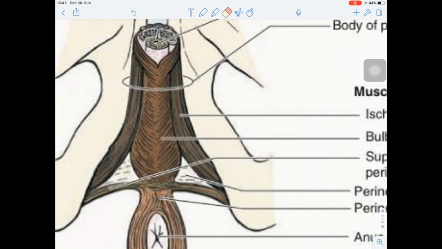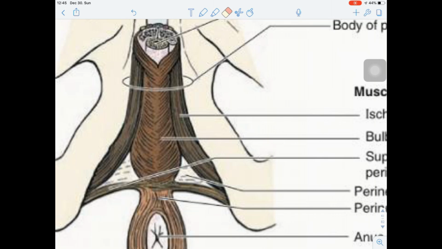You close the internal urethral sphincter first with the sympathetic response, and then you want it to be unidirectional, so that's why the parasympathetic comes again. The sympathetic closes the internal urethral sphincter.